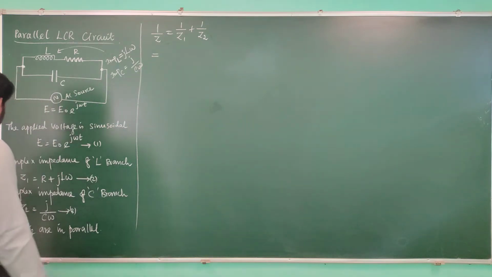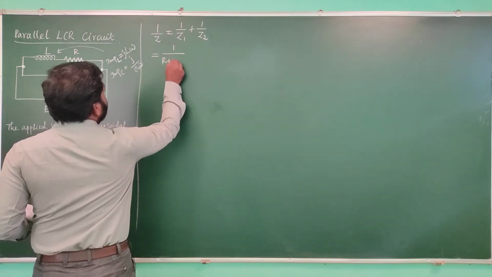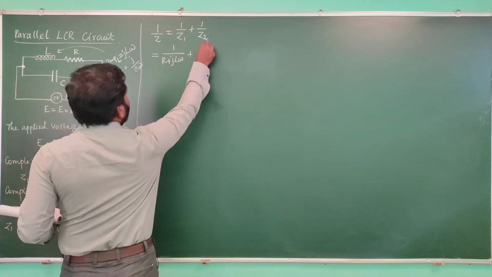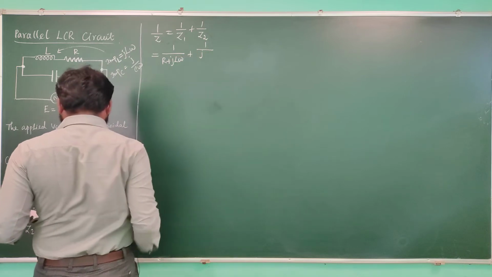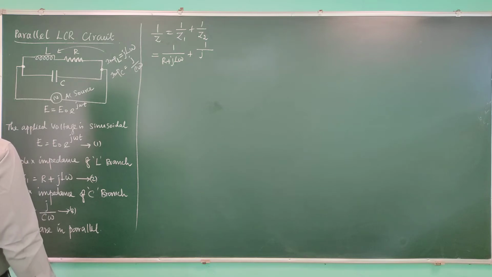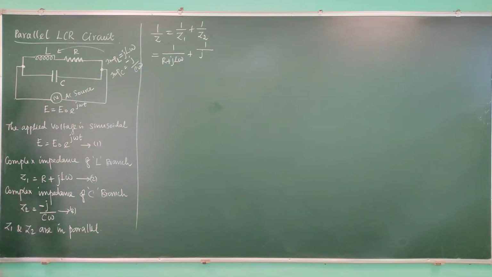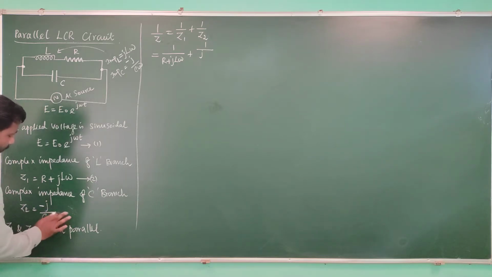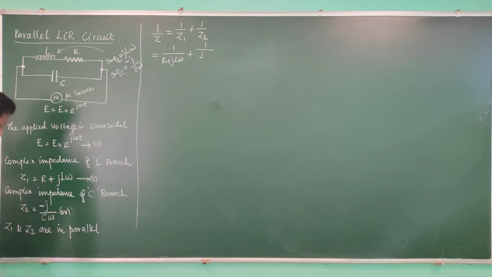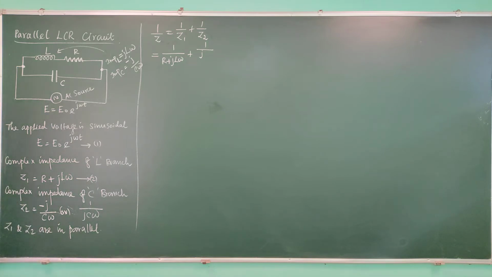So we can write 1 by R plus j L omega, plus 1 by Z2, where Z2 equals 1 by j C omega.